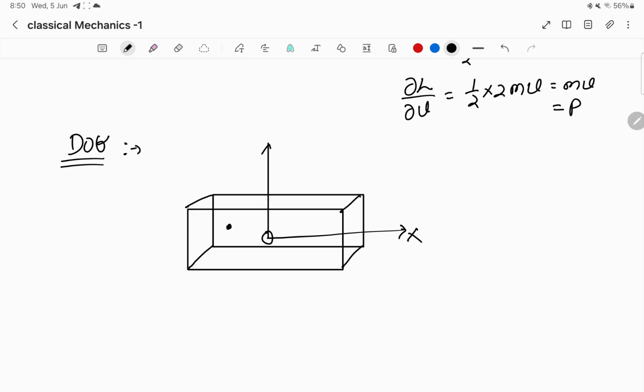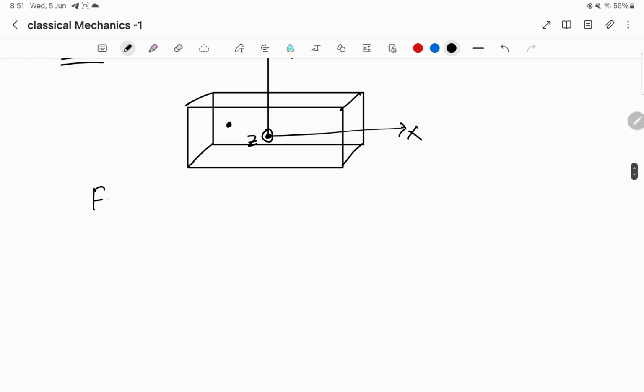This is your x, this is your y, and this is your z. Clear? So what will be the degrees of freedom of the system? That's the question I have to answer.